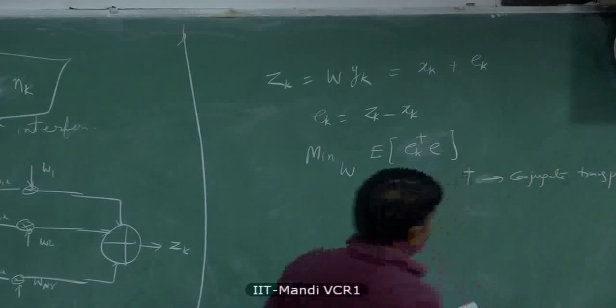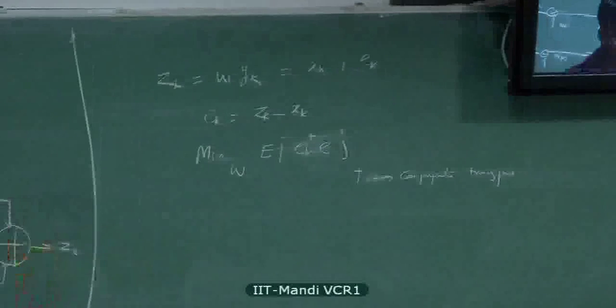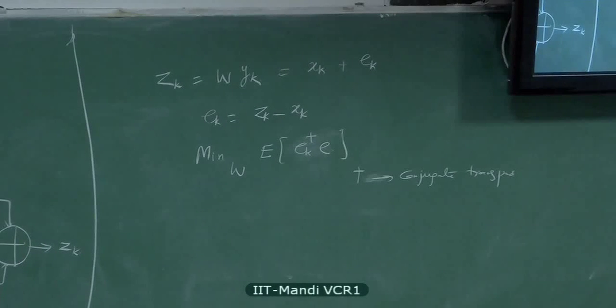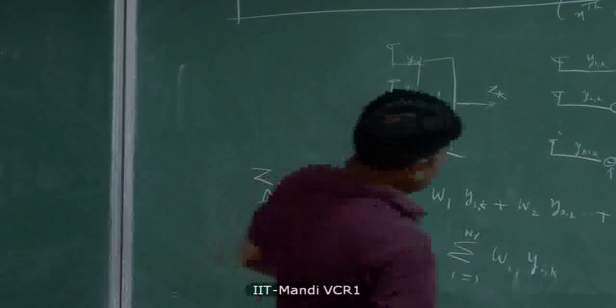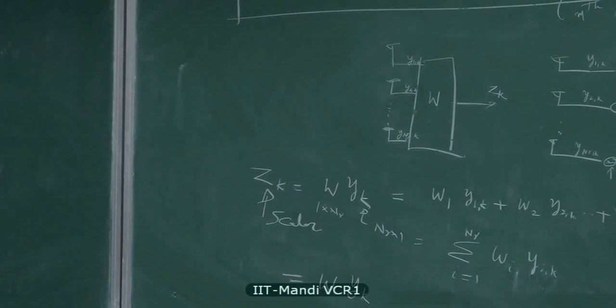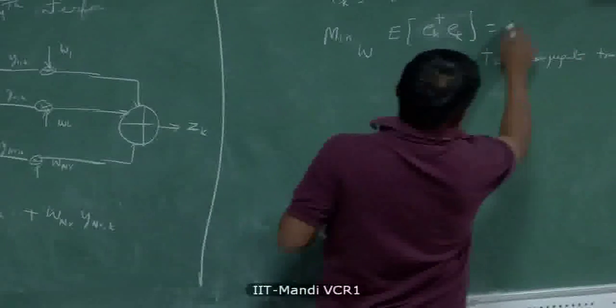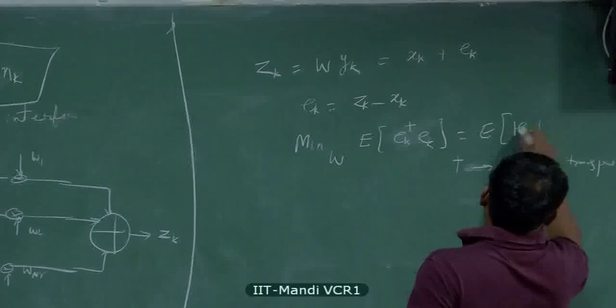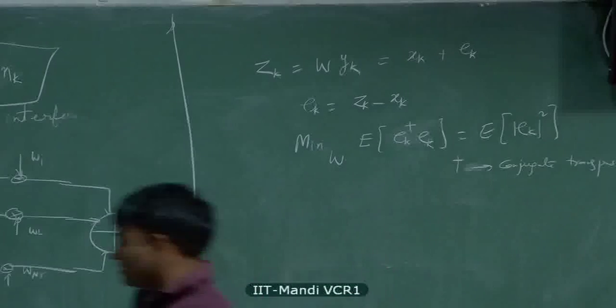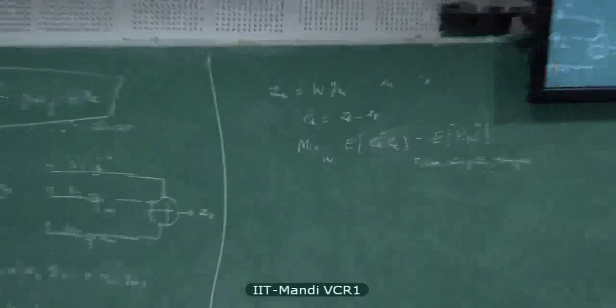When you multiply W with Yk, you will get a scalar. Actually, you can write it like this, but in order to increase the bit rate, this xk must be a vector, right? That's why we are using multiple antennas. Okay. See what's going on.